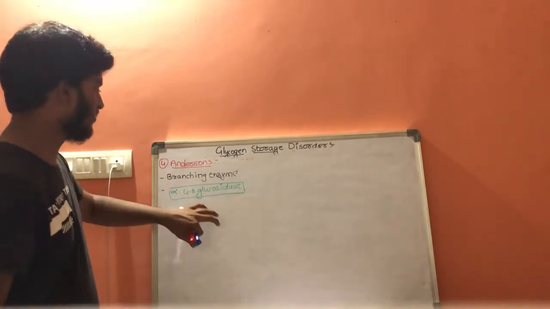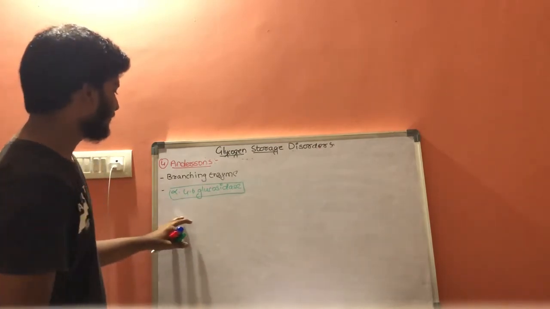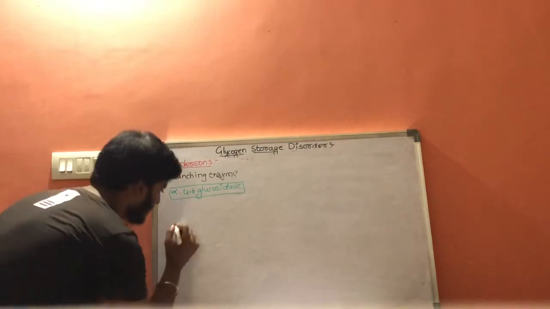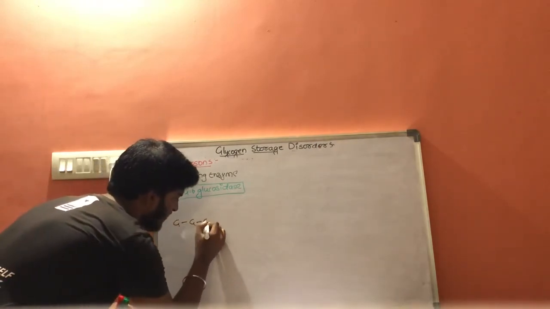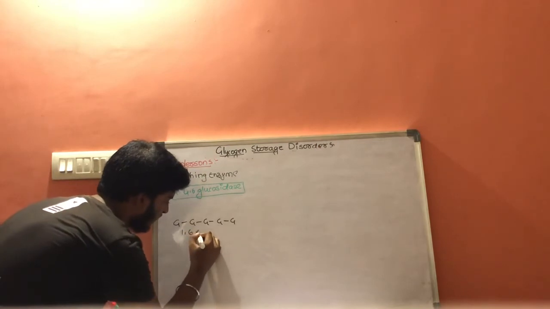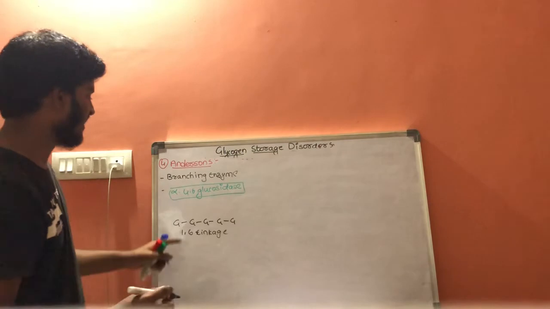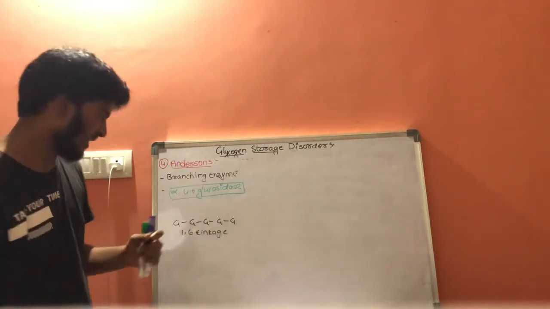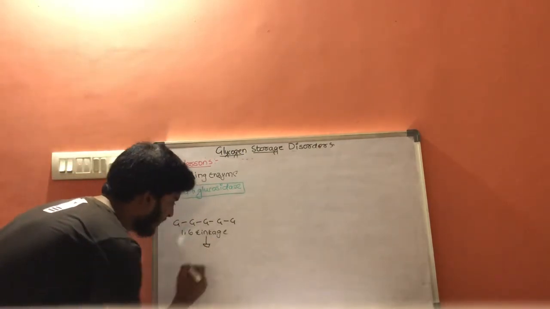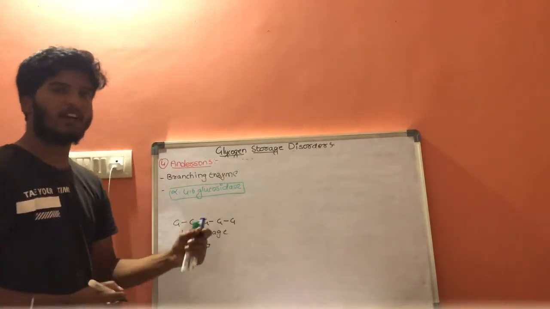As we know, the glycogen structure is very long, and to decrease the glycogen structure, let us consider these are 1,6 linkages. The main function of this branching enzyme is to break the bond at 1,6 and join the glucose at a 1,4 linkage.